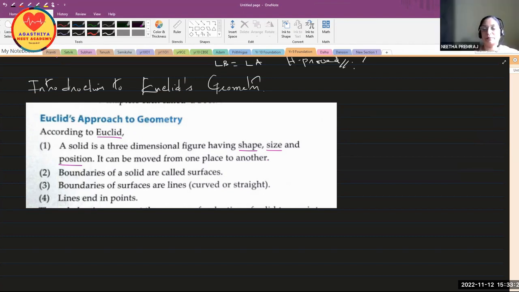Solid means what? Solids means sphere, it's a ball. Cube is a solid. Cuboid, it's a box. These are all solid figures. We can also say 3D figures, where D means dimensional, 3 dimensions. 3-dimensional figures or solid figures.